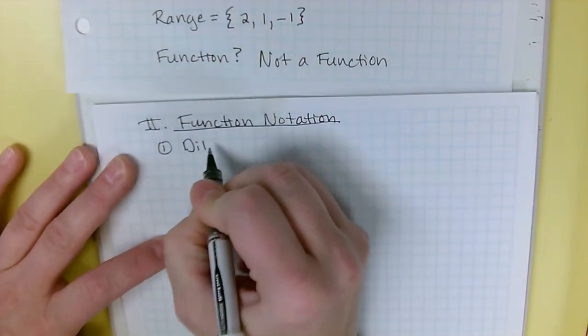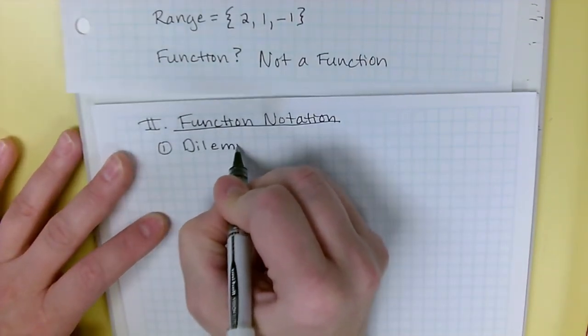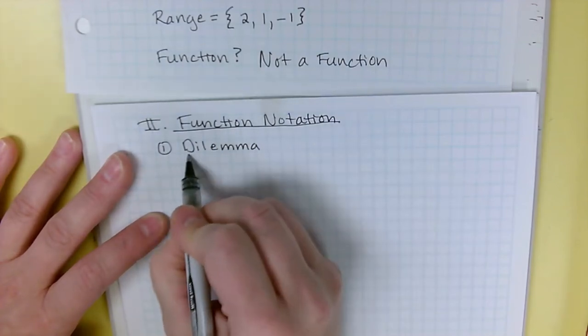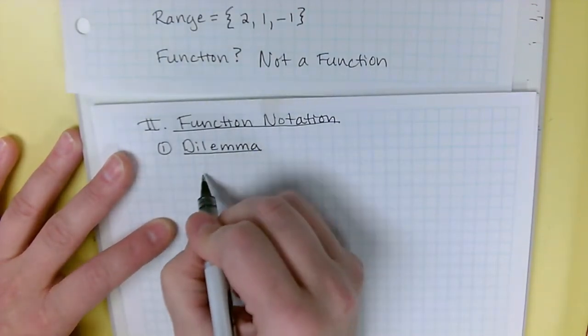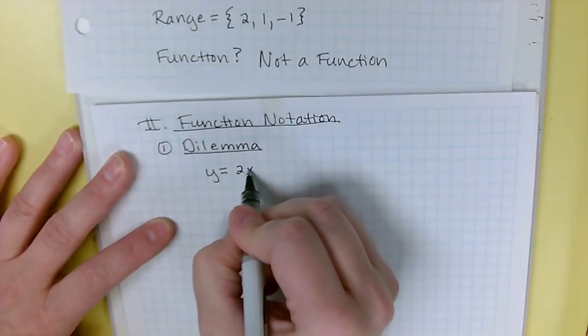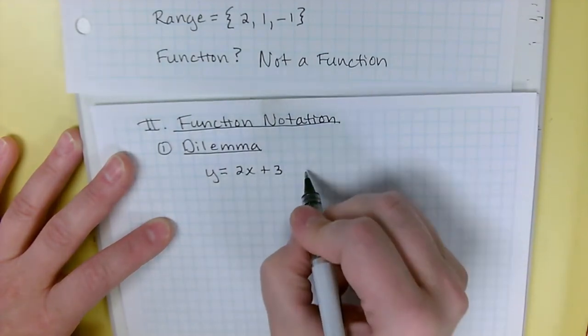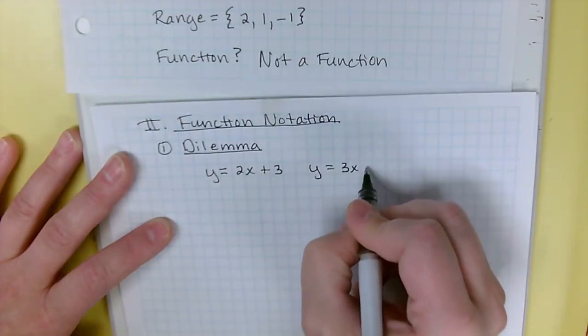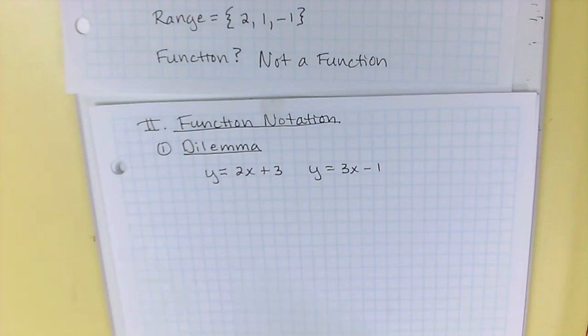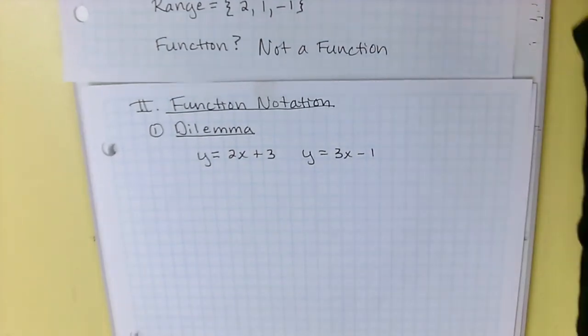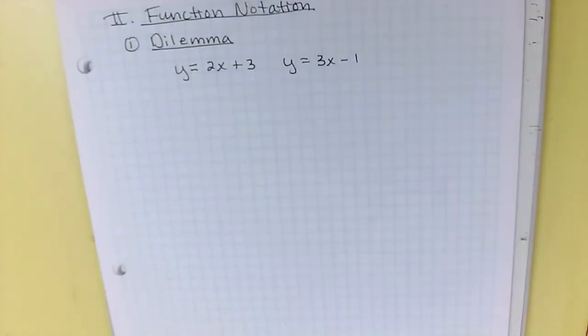So basically, function notation in its most basic form solves a particular dilemma. Let's say you've got y equals 2x plus 3, and you have y equals 3x minus 1. In its most basic form, function notation is there to help you distinguish which equation you're talking about.